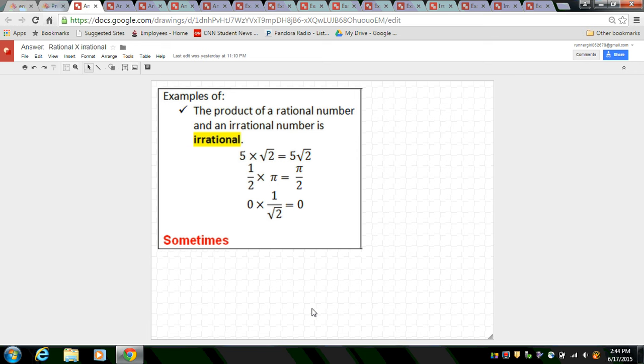That is also irrational. Whenever you multiply by 0, your answer will be 0. So that is the one case that makes this sometimes, because a 0 answer is a rational answer. So when you multiply a rational number and an irrational number, it is not always irrational. 0 is our special case.